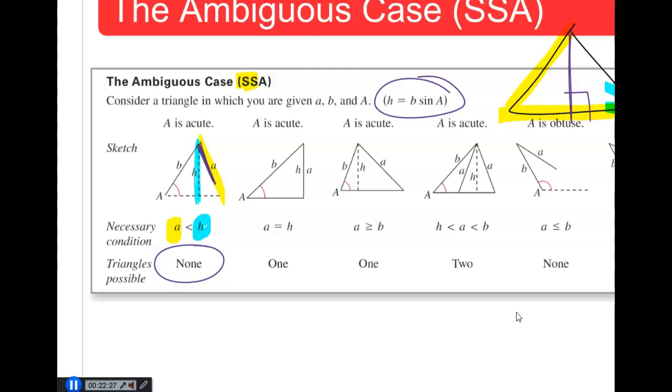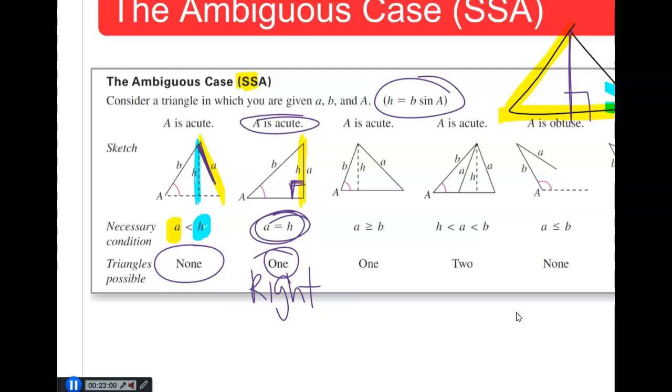It's just physically impossible. Now, if you have A equals H, then we know that H for height is perpendicular to the base. So this is actually one solution, and this just happens to be a right triangle. I know it says acute here, so I'm still confused about that. So I know we shouldn't assume it's a right triangle, but the fact that A equals H is telling me that.